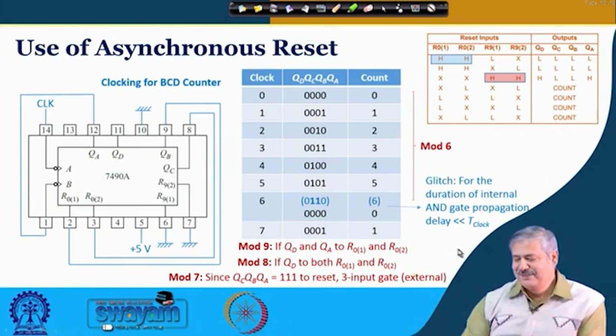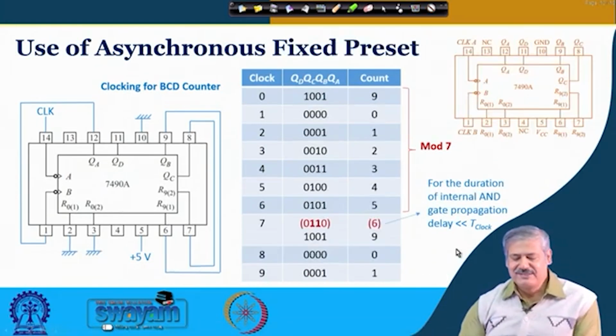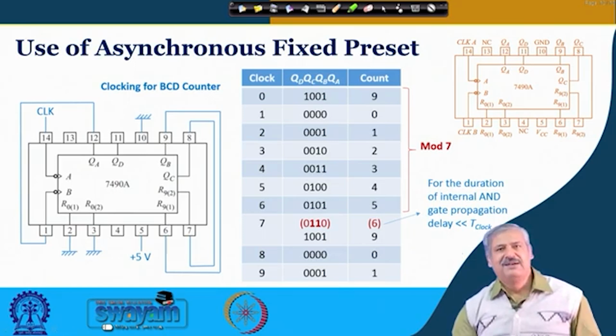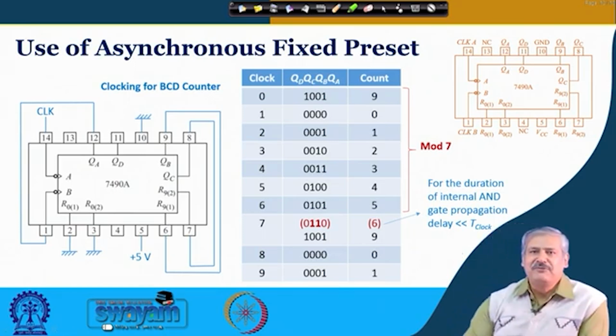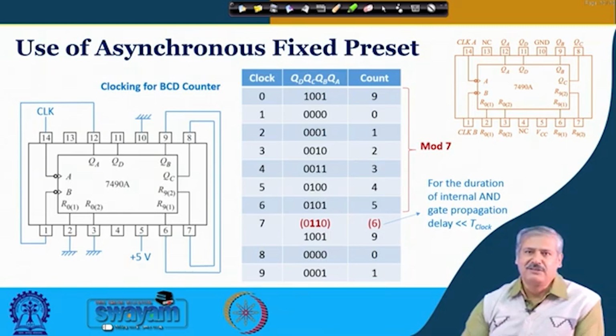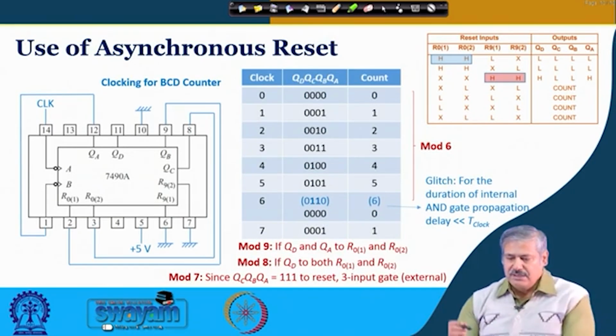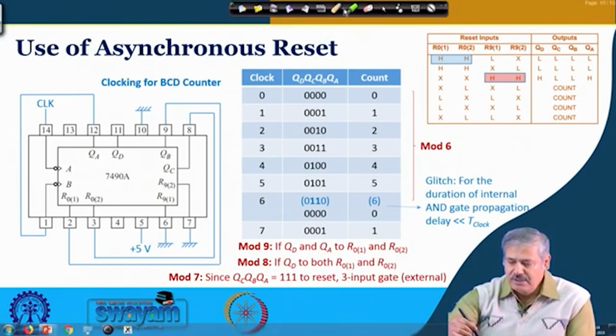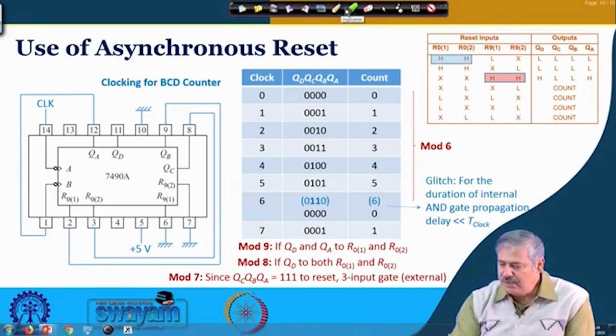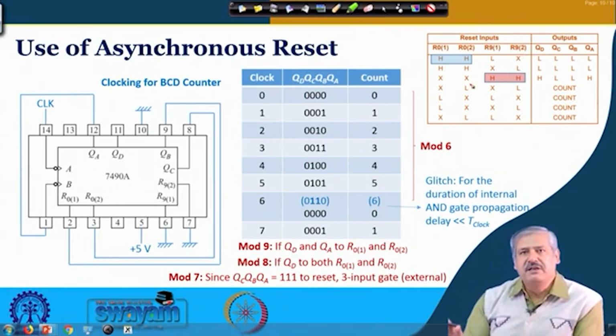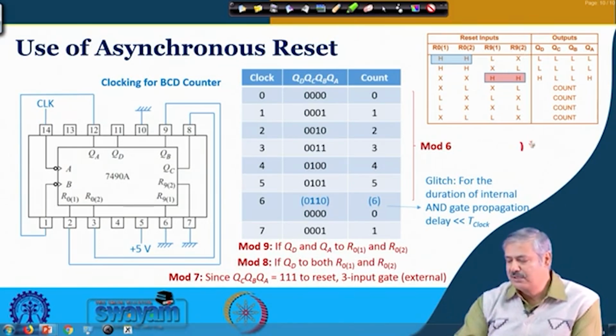Now, we shall look at something where the use of fixed preset, which is there with 7490A, we shall exploit for this modulo number design. So, here we had seen that when R91 and R92, R9 means it is setting a value 9, 1001. Okay.